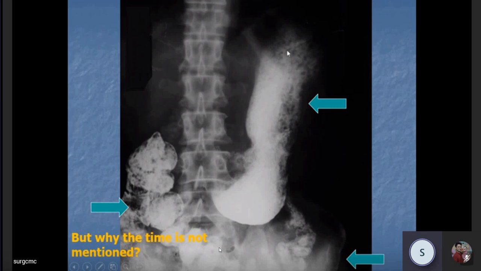So you are getting a stomach which has elongated up to the pelvic bone, full of moth-eaten appearance within it, and the stomach is full of dye even when the dye has gone up to the colon. Normal gastric emptying time is 2 hours. So what is your diagnosis?